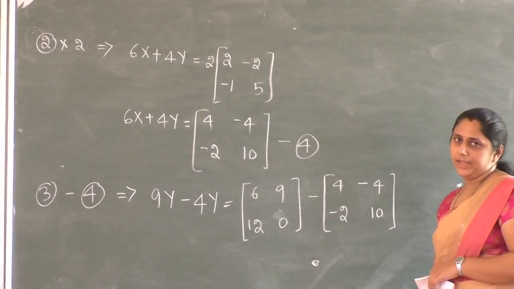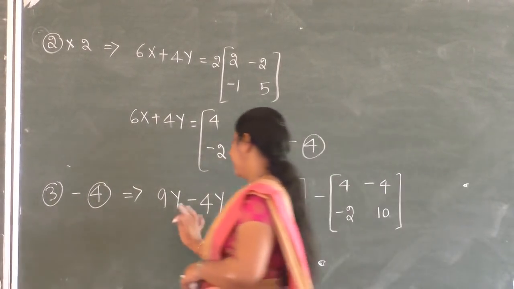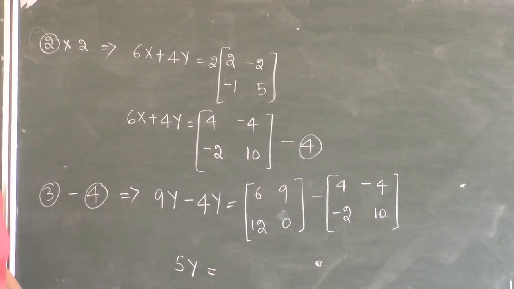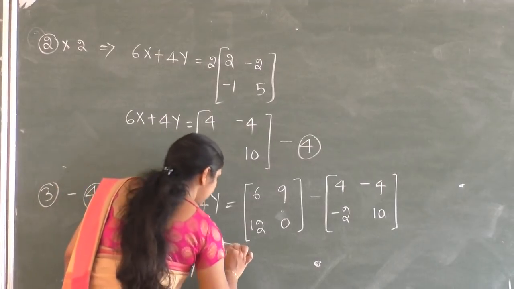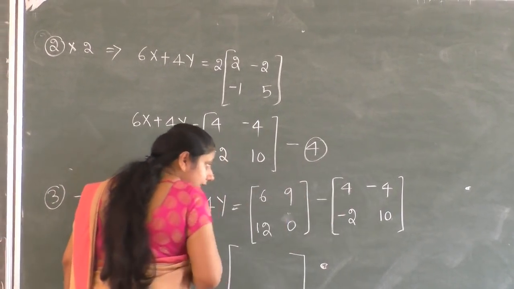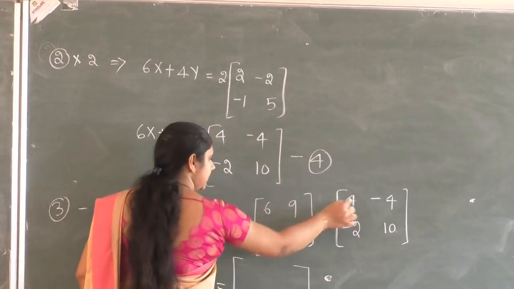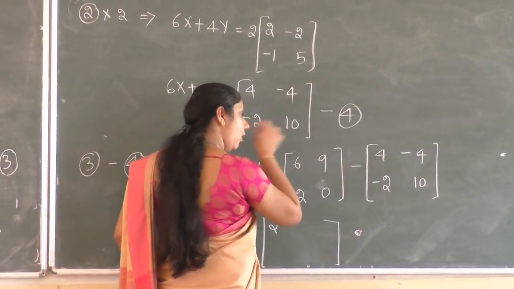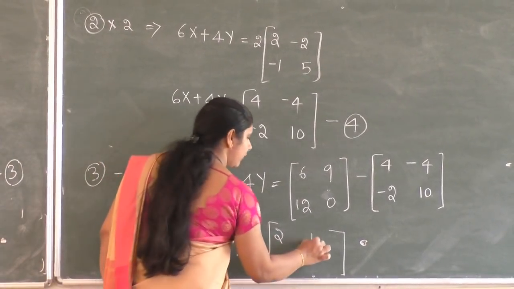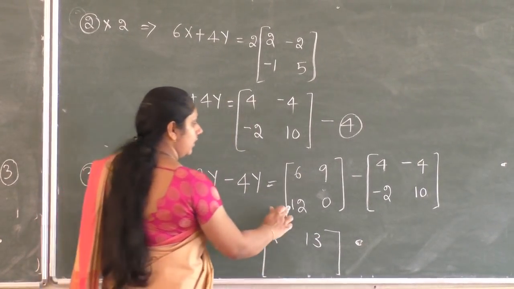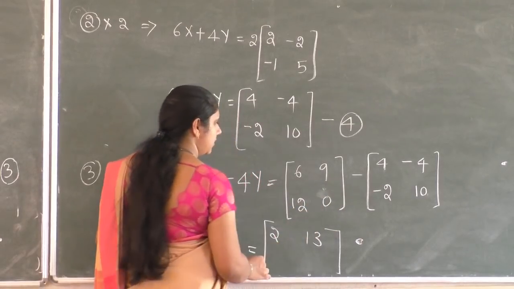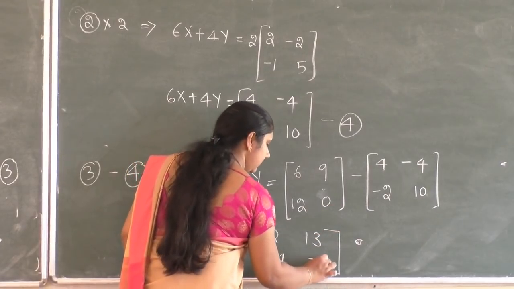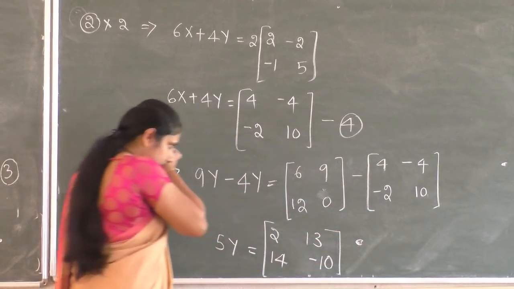So this is 9y minus 4y, which means 5y. Now here you have to take the difference, that is 6 minus 4 is 2, 9 minus of minus 4, that is 9 plus 4, 13, 12 minus of minus 2, that is 12 plus 2, 14, and 0 minus 10, that is minus 10.